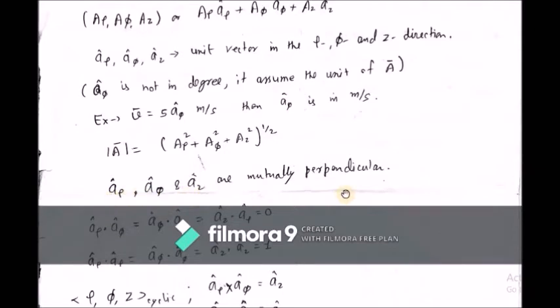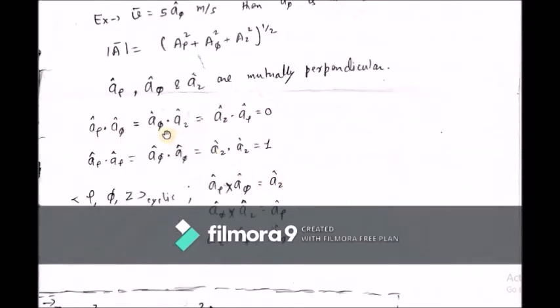So these are mutually perpendicular, and the dot products for these vectors are like a rho dot a phi equals a phi dot az equals az dot a rho equals 0. A rho dot a rho will be 1, a phi dot a phi will be 1, and az dot az will be 1.